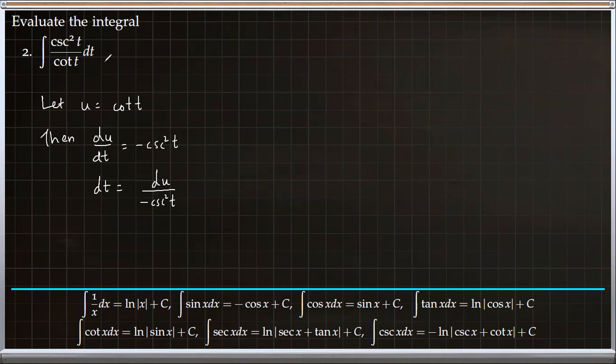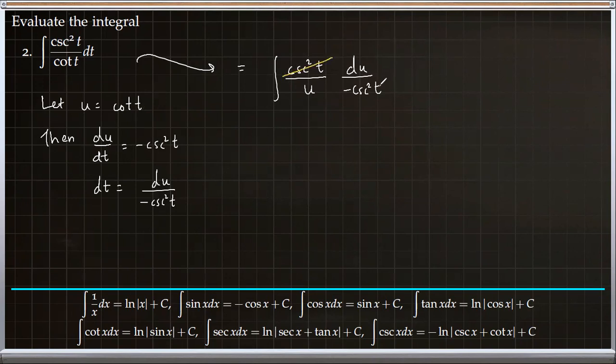So now we are ready to write this integral in terms of u. It becomes the integral of, I'm going to write cosecant square of t as it is, divided by cotangent of t, which is u, since we are letting that be u, and dt is du over negative cosecant square of t.